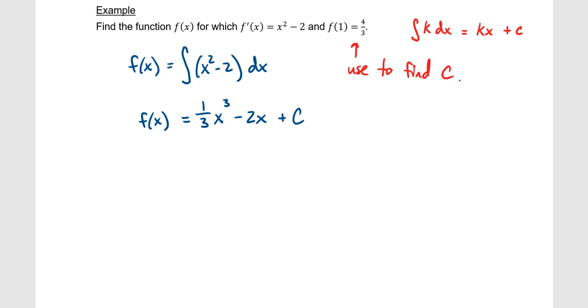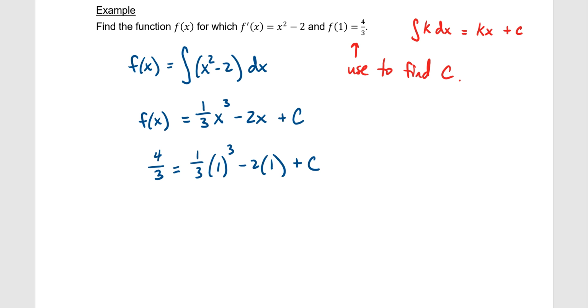So let's go ahead and say f of 1 is 4/3, and we plug in a 1 into all of the x's. So 1/3 times 1 cubed minus 2 times 1 plus c. And we go ahead and solve this for c.